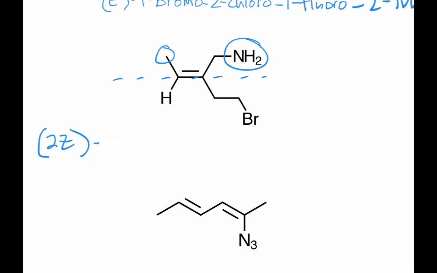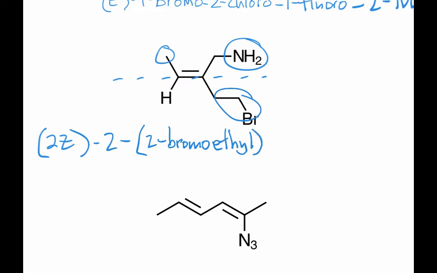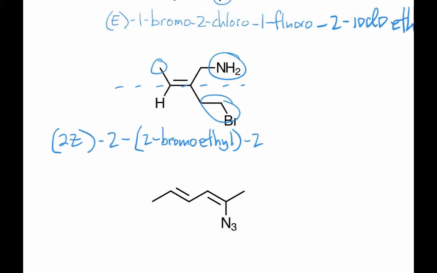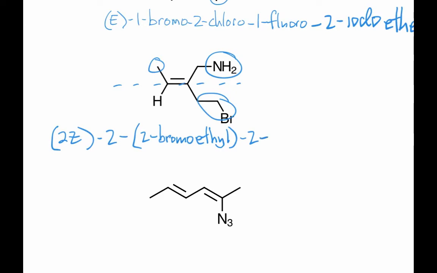Then also off of carbon number 2, I'm going to have this branch. And since it has a bromine on there, I'm going to need to use parentheses because on the second carbon of that branch, I have the bromo. And that is an ethyl branch. So that is overall a bromoethyl branch. And then on carbon number 2, that's where I have my butene.